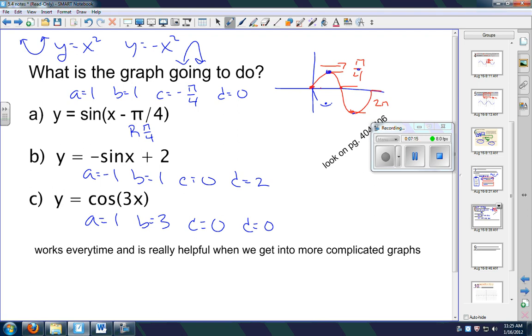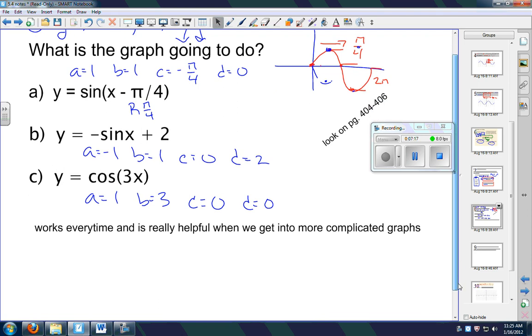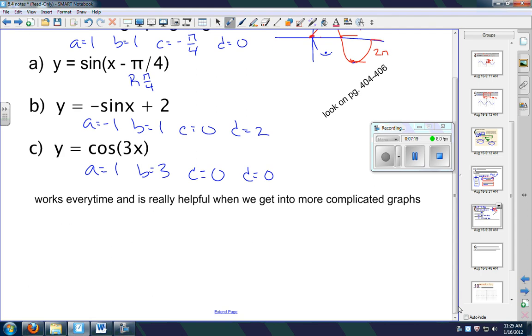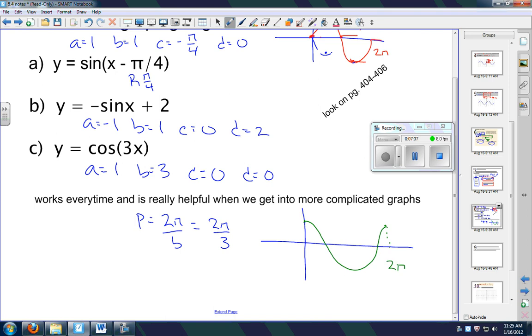Now, what this B does is, anytime you have one that's not a 1, you have to say period is 2 pi over B, or 2 pi over 3. This is really going to change some things. A cosine graph is like the little bowl thing. All 5 points used to happen in 2 pi. All 5 points now are happening in 2 pi over 3.